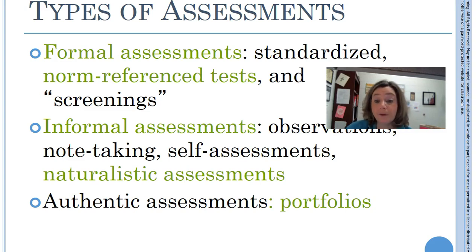I am a big fan of authentic assessments and portfolios, but even if you don't use a regular portfolio for your children in the classroom, I would definitely recommend holding on to different pieces that the child has created over the year, because parents love it. It's a great gift for them, but it also allows you the opportunity to go back and see where the child started and where they ended.